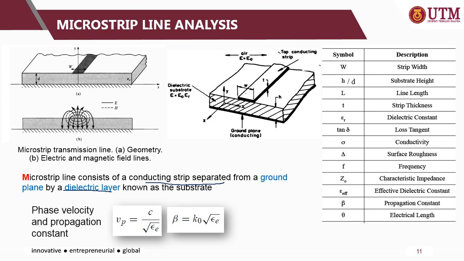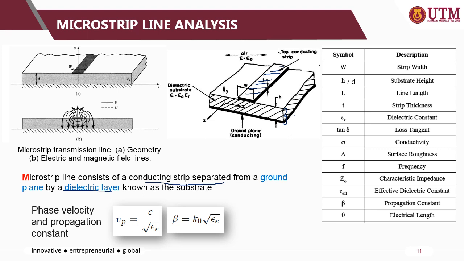So you have this metal strip, then separated by a dielectric or the substrate material, and you have another layer of ground plane at the bottom. But for strip line, the metal strip is in between two metal ground planes.